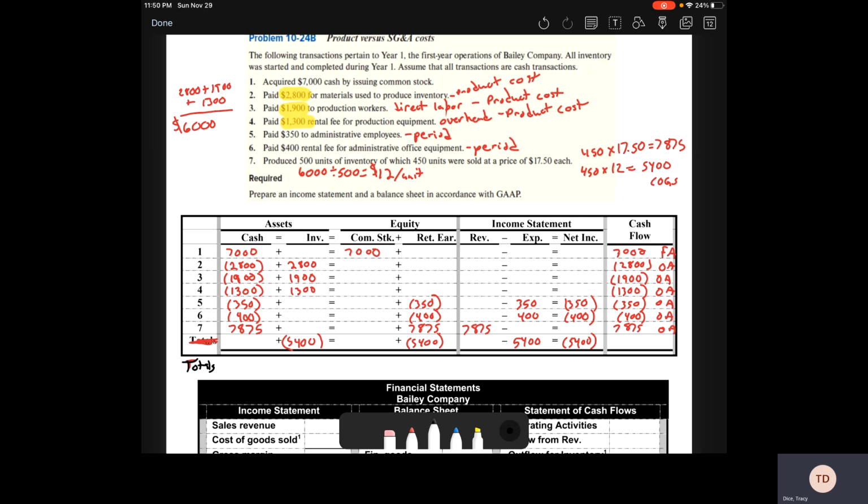So when you add 7,000 and subtract the 2,800 minus the 1,900 minus 1,300 minus 350 minus 400, and then add the 78.75, I get cash of 81.25.